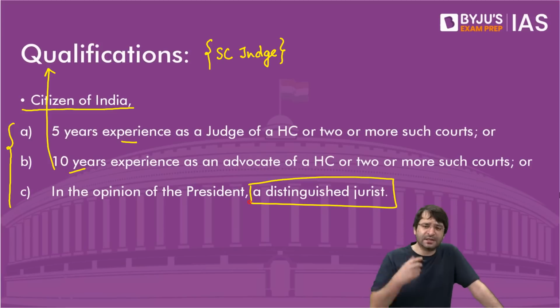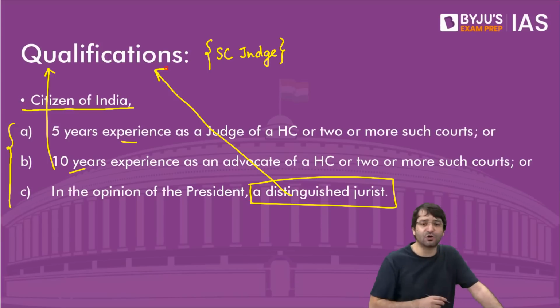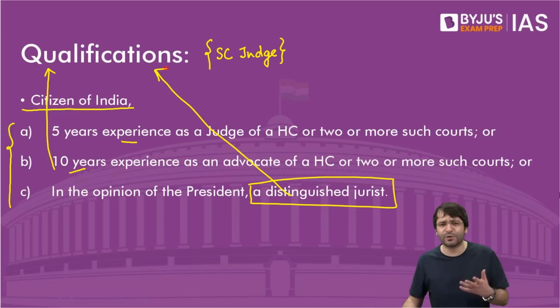In the eyes of the President, but the President does not have his or her own eyes. It's basically the eyes of the Prime Minister. If in the eyes of the President of India, you are a distinguished jurist and you are a citizen of India, you are qualified to be appointed as a judge of the Supreme Court. But who is a distinguished jurist?